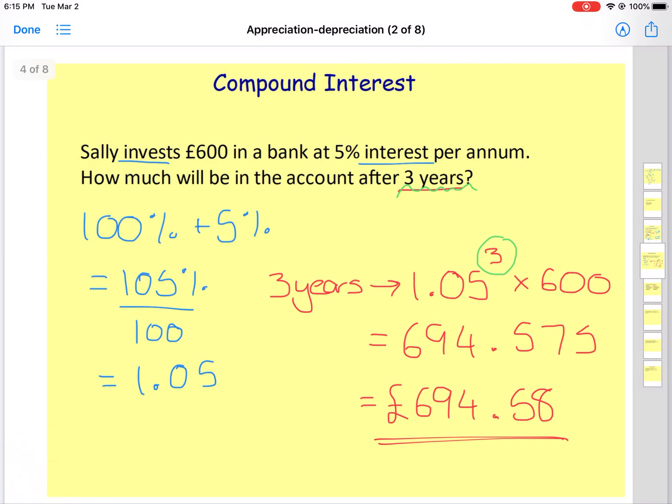So we're still getting that multiplier, but the only difference with compound interest and the next few examples is that we have to raise it to a certain power depending on how many cycles we're going through. This one's interest going in per year, and it's 3 years, so it's power of 3.